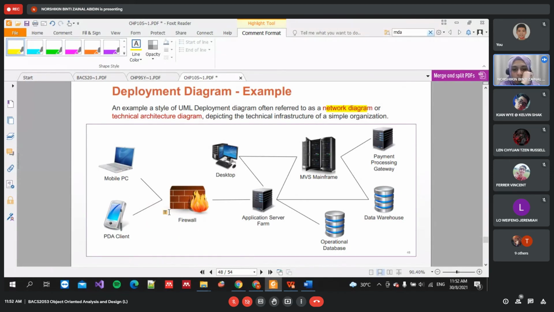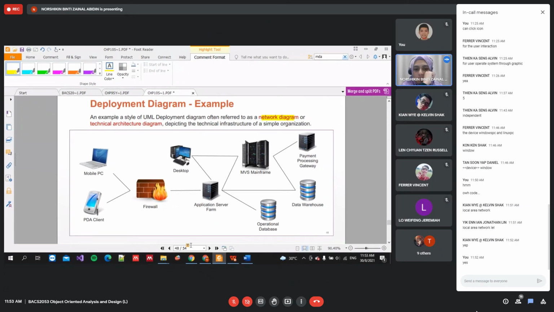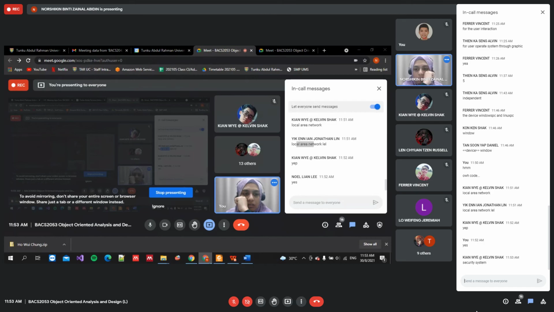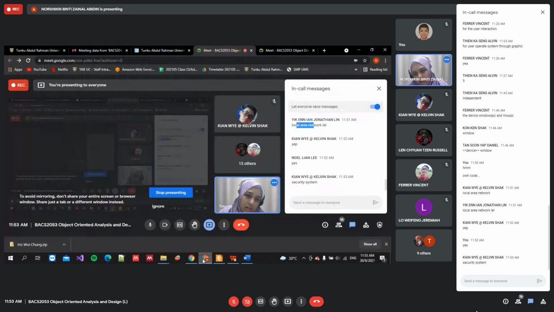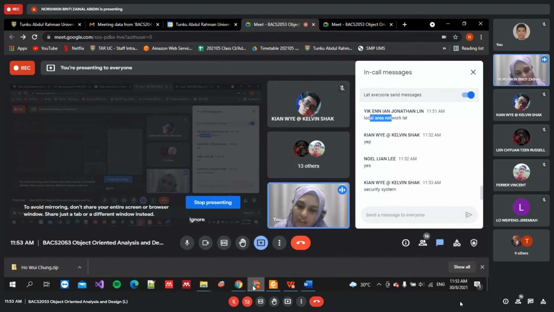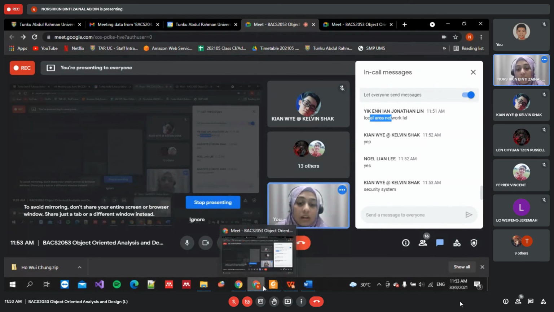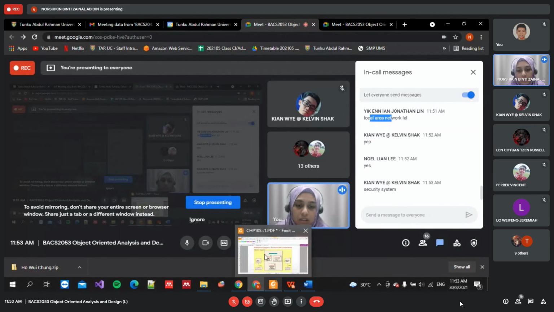What is a firewall? Anyone? Security system, yes. The concept is true. A firewall is a security system, it's not exactly to block, but it is like blocking, to protect our data, for data security.